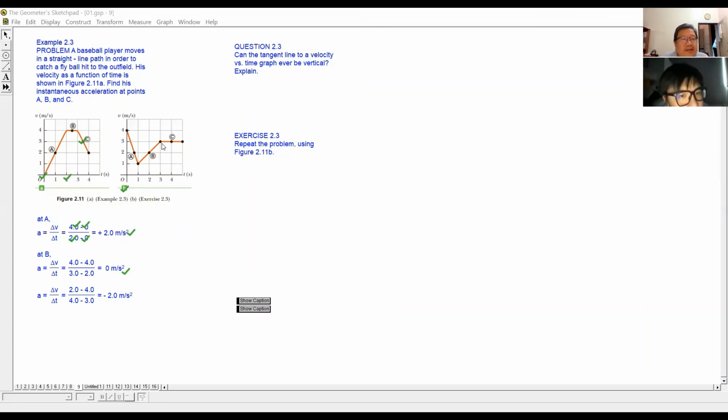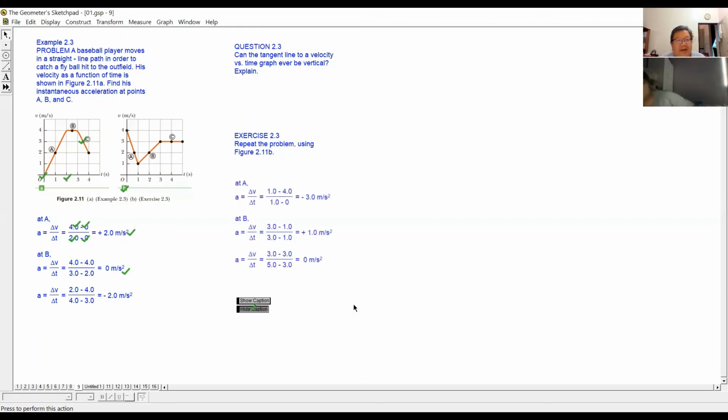How about this one, the C here? 3 minus 3 over 5 minus 3. Correct, 0.